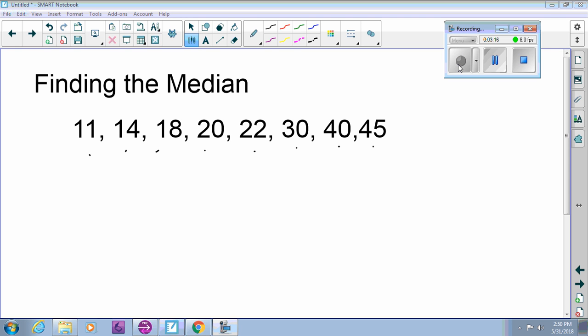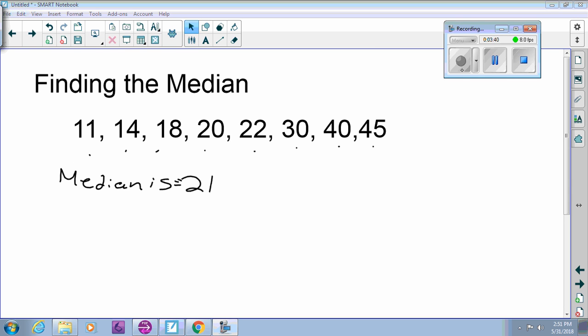The median is 21. So, Josh, thank you for finding the median.